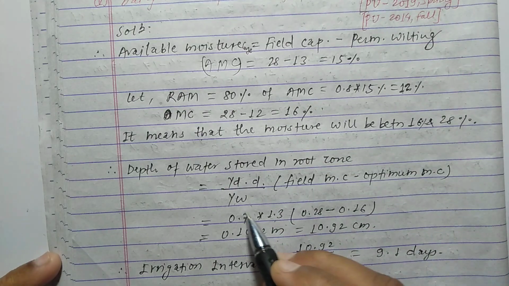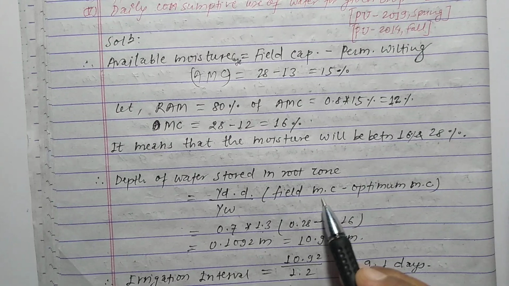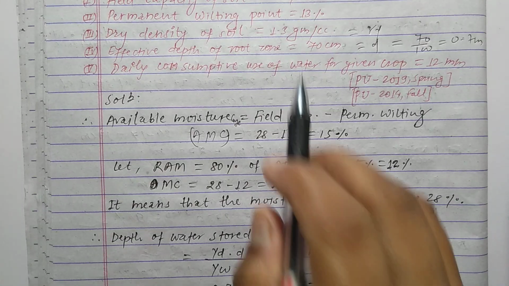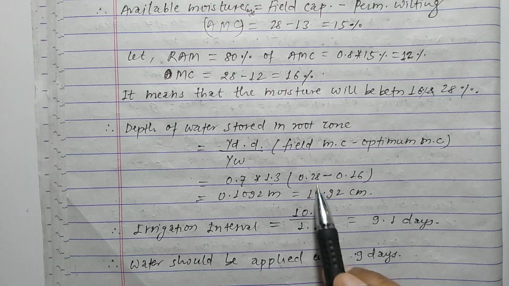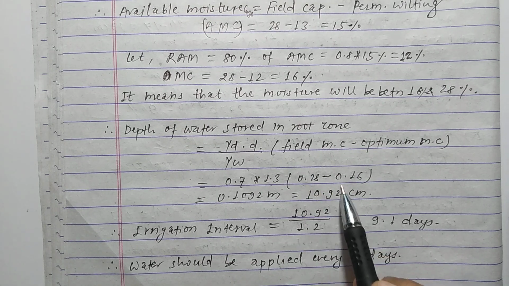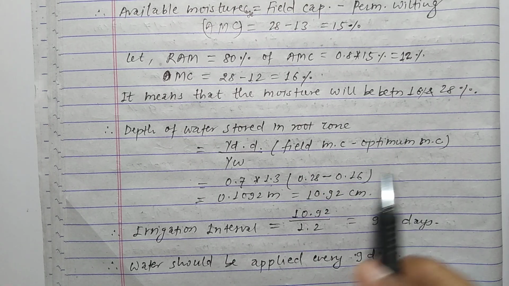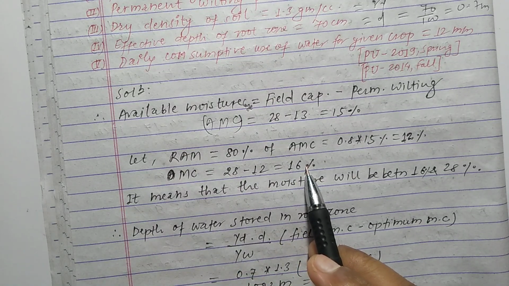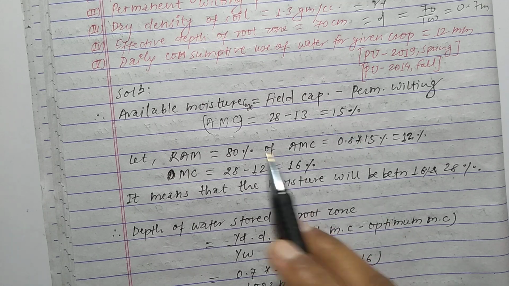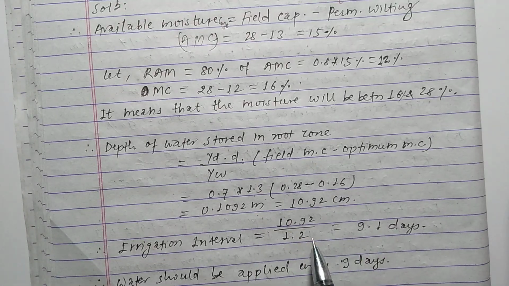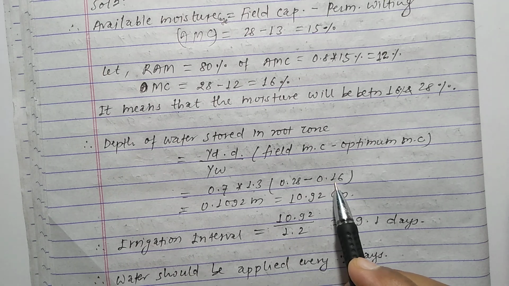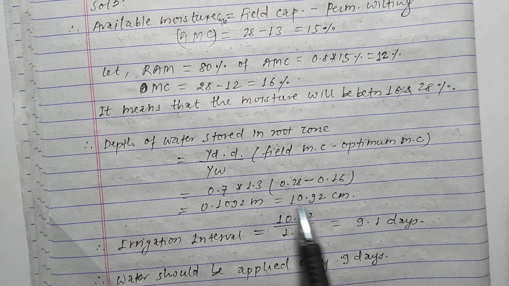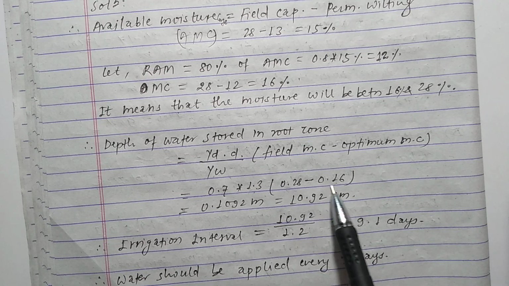So we use this value 0.7, and the field moisture capacity is 0.28, that is 28% given in the question. We have to take it in decimal for this formula, minus optimum moisture content. We have already calculated the optimum moisture content, 16%, and this value is 0.16, taken in decimal, so 0.28 minus 0.16.